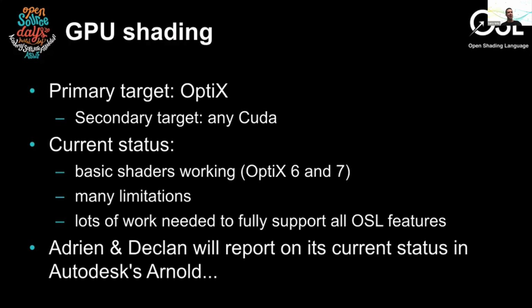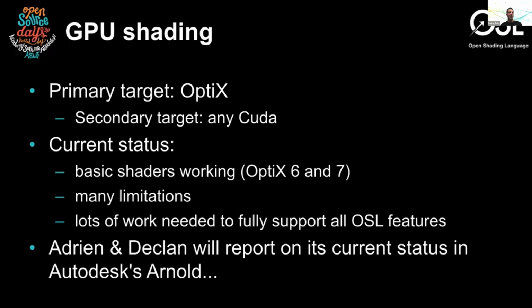The other big project is GPU shading. The trend among all of these high-end film renderers is that at long last, they're all in various stages of having GPU ports, largely based on NVIDIA's OptiX ray tracing toolkit.